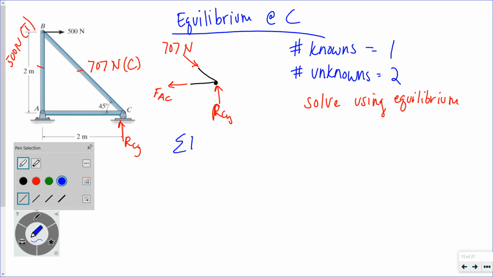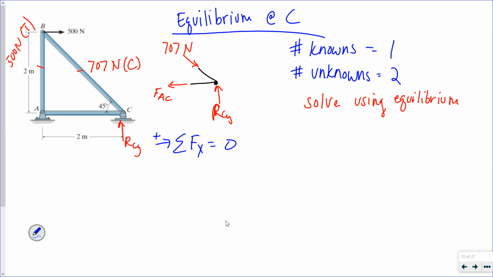Sum of the forces in the X direction is 0. I have the horizontal component of my force at BC, right? And I know that's acting in that direction. And then in the opposite direction, FAC, my force in member AC.